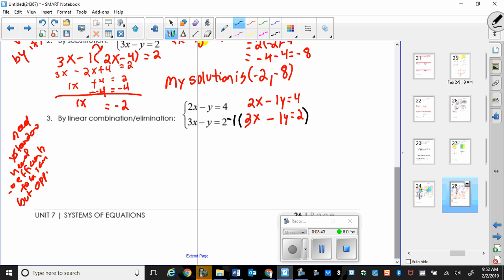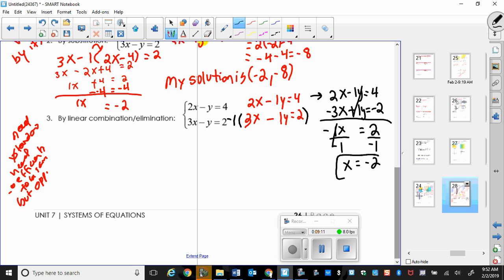When I do that, the top portion stays the same. 2x minus 1y equals 4. Negative 3x plus 1y equals negative 2. So now the y terms are opposites. So I get negative 1x, this goes away, equals positive 2, divide both sides by negative 1, and x equals negative 2. Now all I need is y. So 2x minus y equals 4.